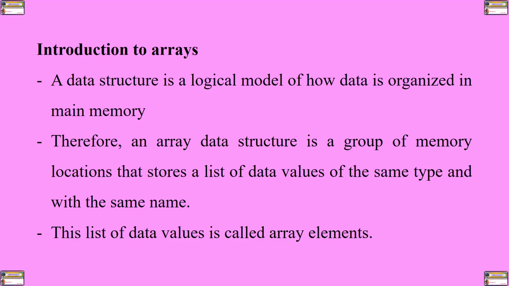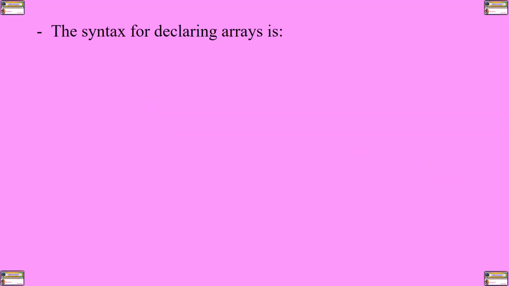Therefore, you can also say that an array is a list of values of the same type. Now, the list of data values that are found in an array are called the array elements.